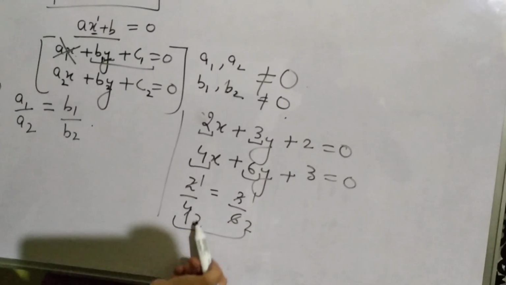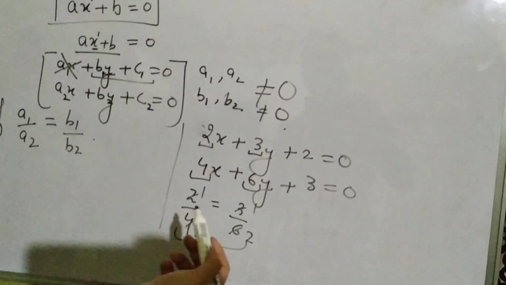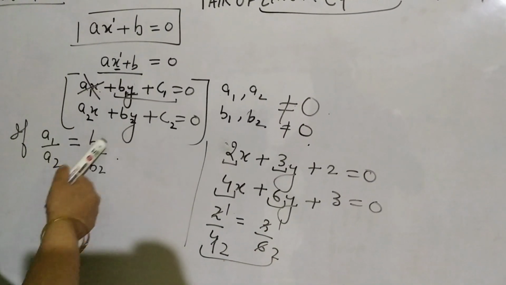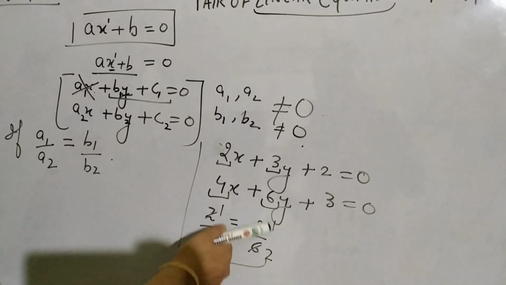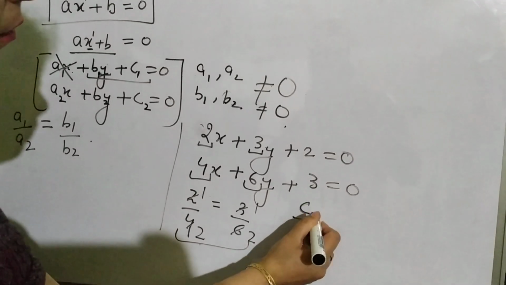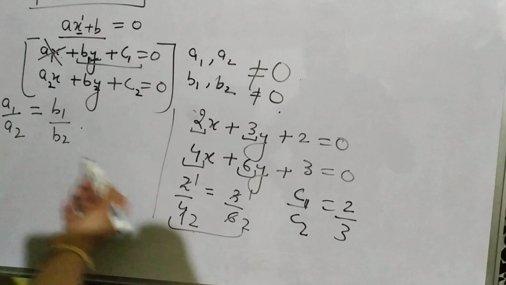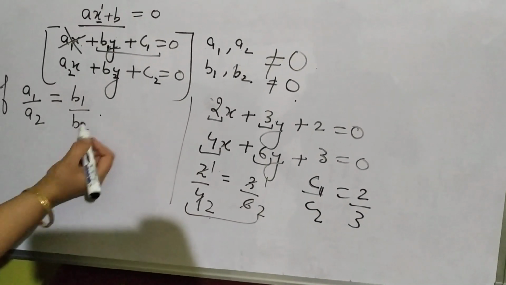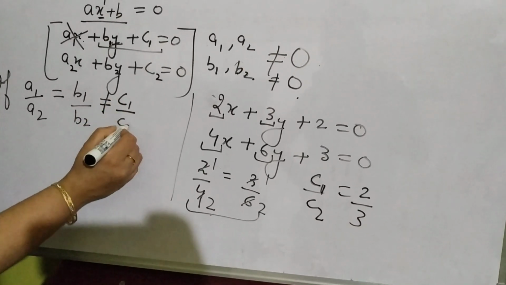It means a1 upon a2 is equal to b1 upon b2. Now let us check c1 upon c2, which is 2 upon 3, which is not equal to 1 upon 2, right? It means a1 upon a2 is equal to b1 upon b2 but not equal to c1 upon c2.